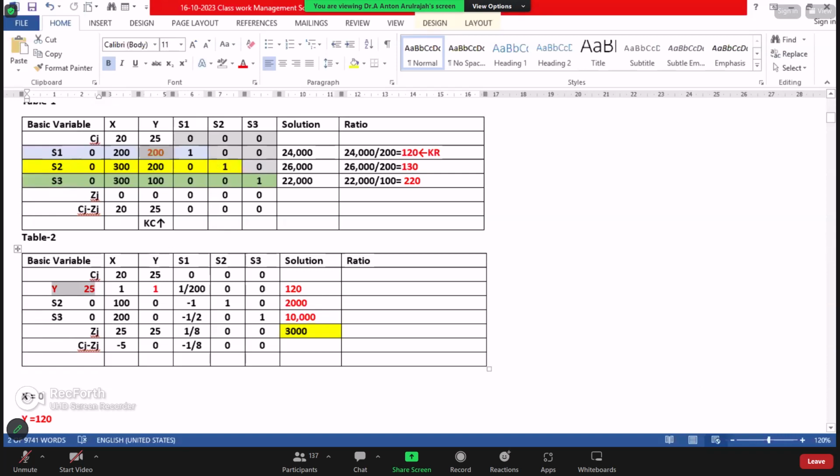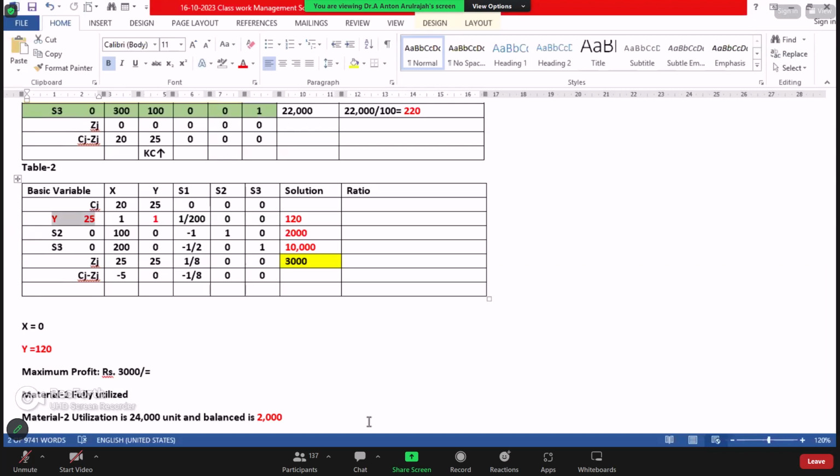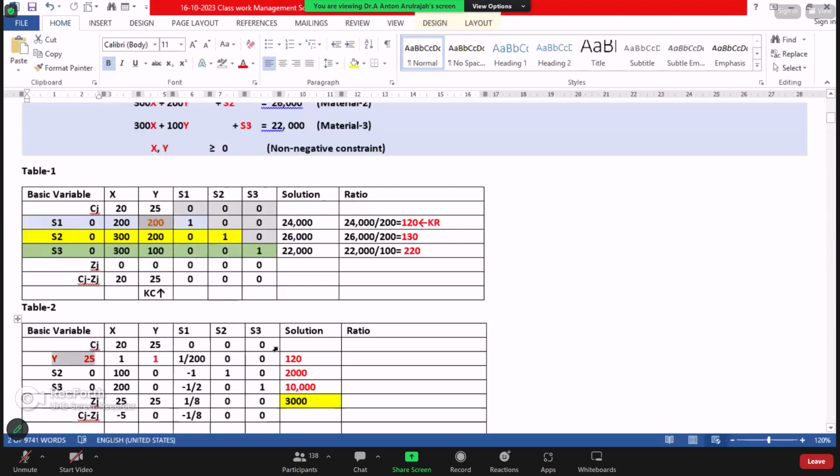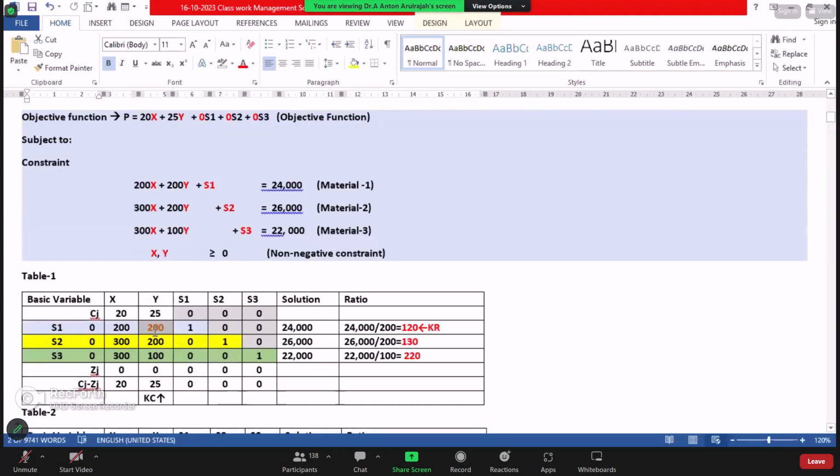Okay, so based on the key value, we can identify which variable is leaving and which variable is entering. Really, what is the meaning of leaving?